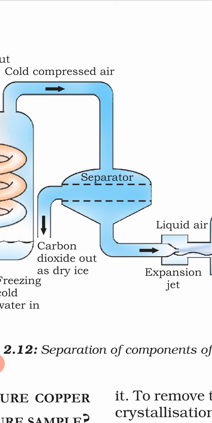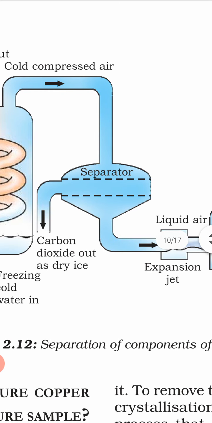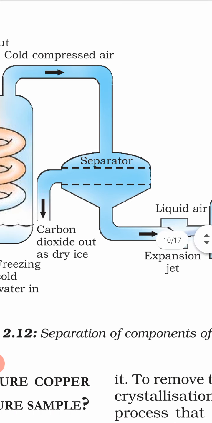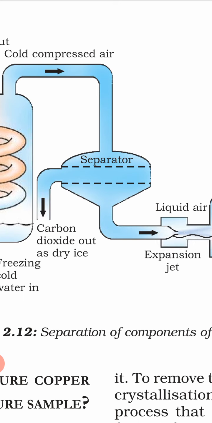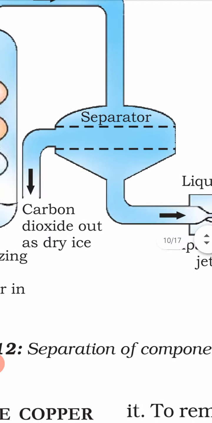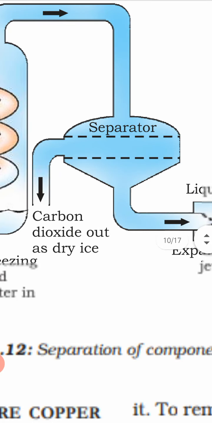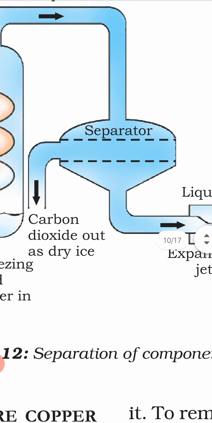That means from gas it directly converts to solid, and solid carbon dioxide is dry ice. Since it is solid, it can easily be separated through this path. You can see here it is written carbon dioxide out as dry ice.